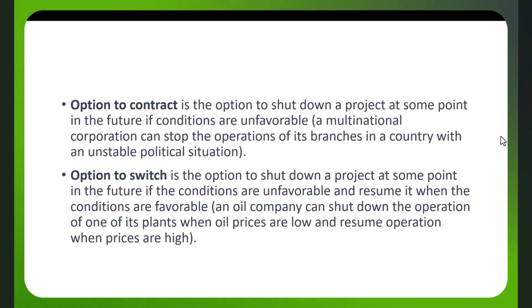A multinational corporation can stop the operations of its branches in a country with an unstable political situation. The option to switch is the option to shut down a project at some point in the future if the conditions are unfavorable and resume it when the conditions are favorable. So an oil company can shut down the operation of one of its plants when oil prices are low and resume operation when prices are high.